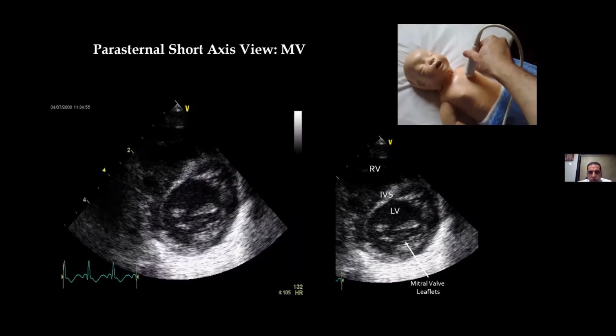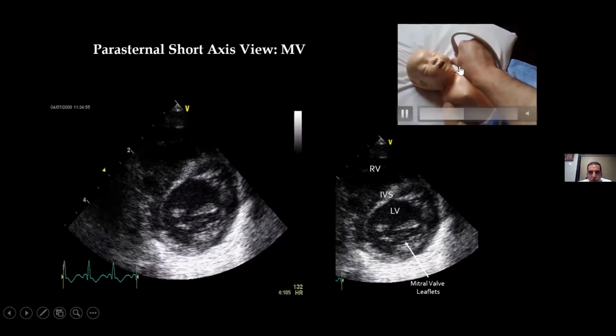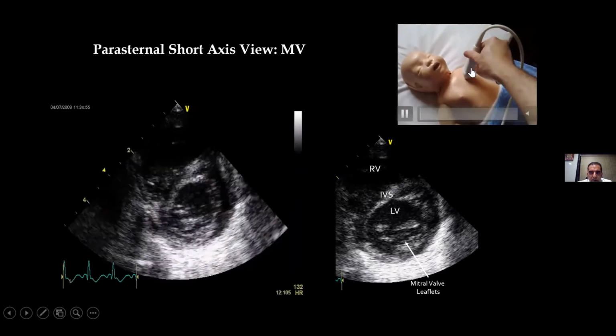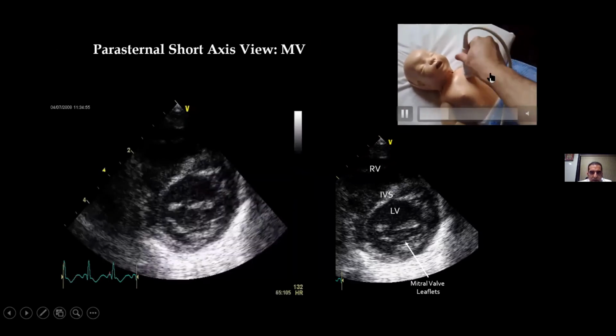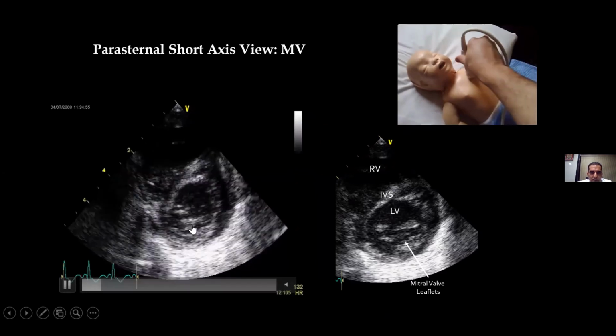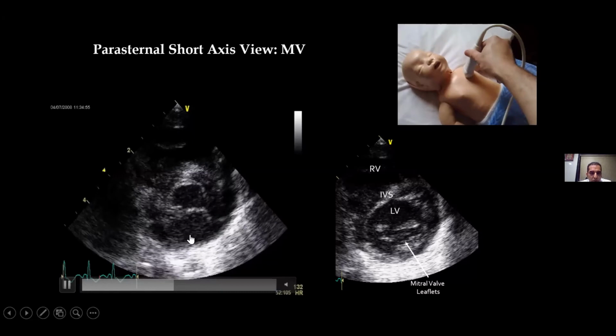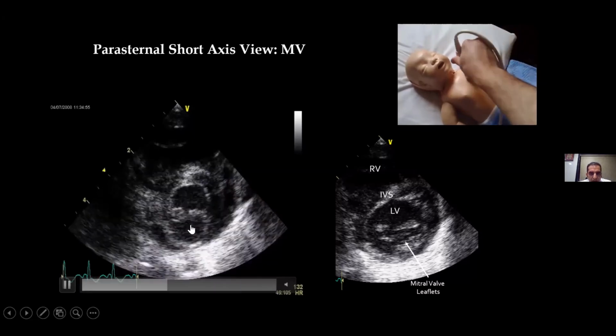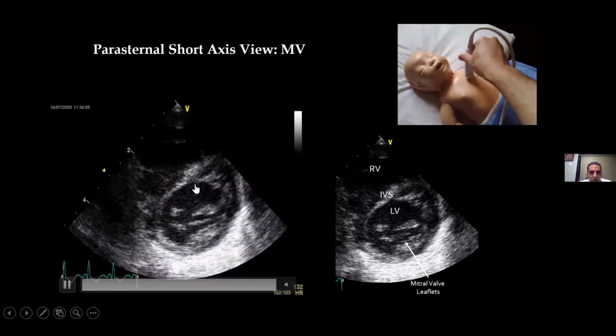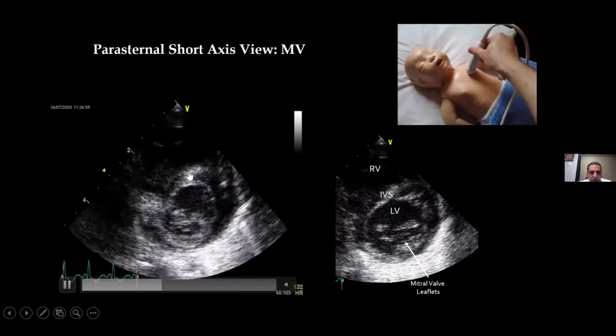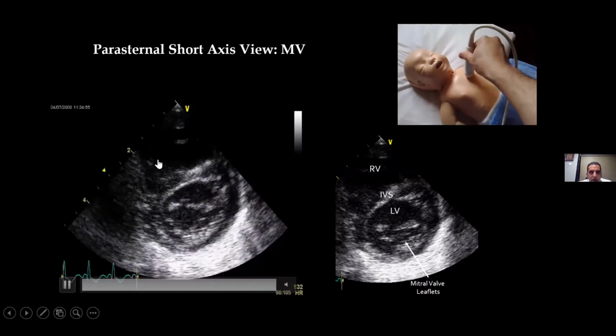When you see, I have kept this pointer at 1 o'clock position, and I'm just moving the hand from the base towards the apex. The next view you will see is the mitral valve view, and we call it the fish mouth view. See, your mitral valve is opening like a fish. This is your LV, interventricular septum, and this is your RV.